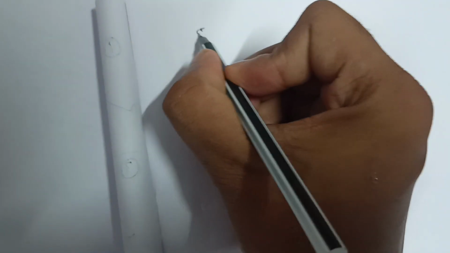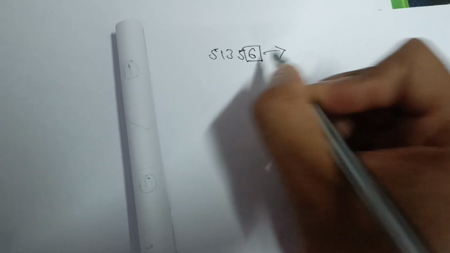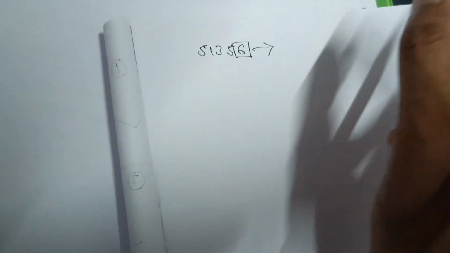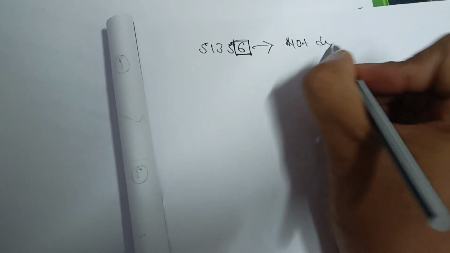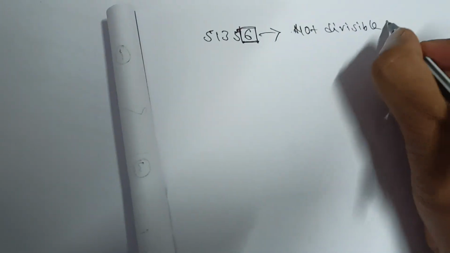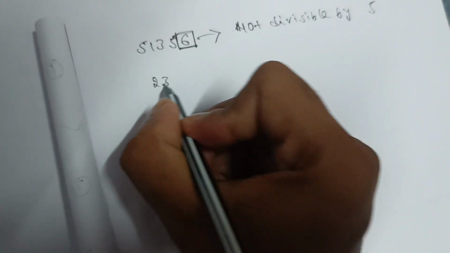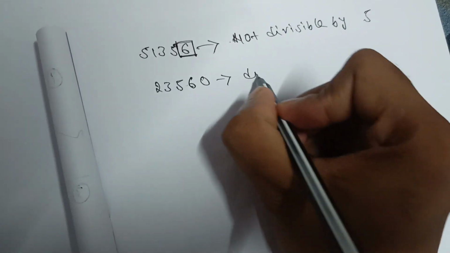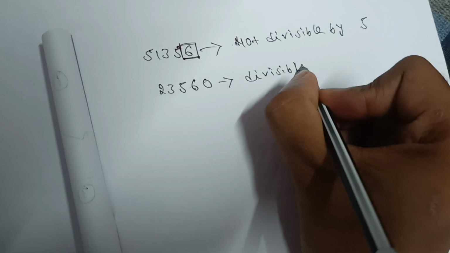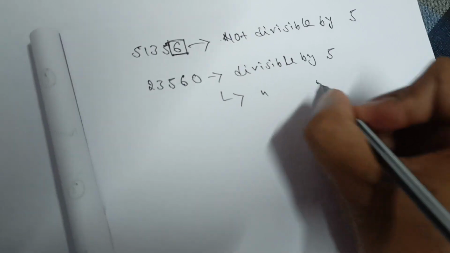But here I am taking one more example. Here the unit digit is 6, but the divisibility rule of 5 says it has to be either 0 or 5, so it is not divisible by 5. 2132356 0 is divisible by 5, and it is also divisible by 10.